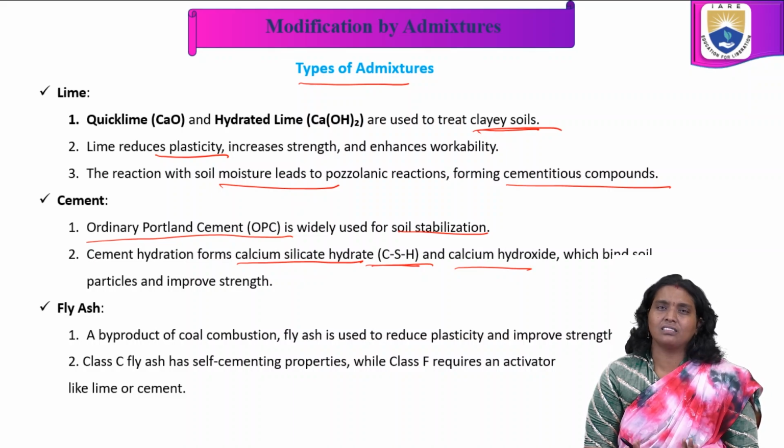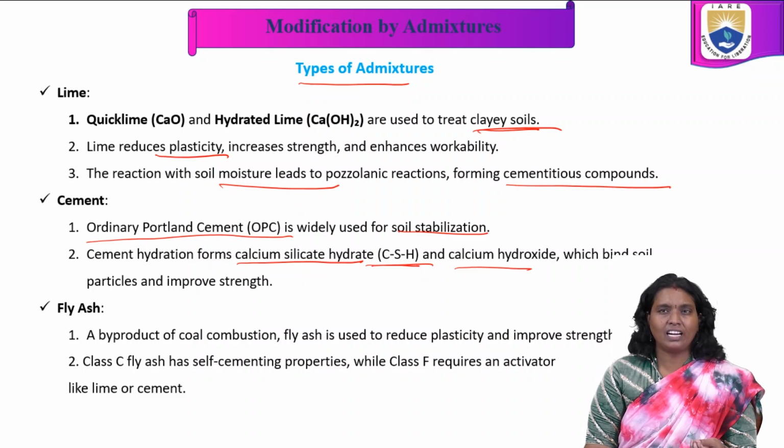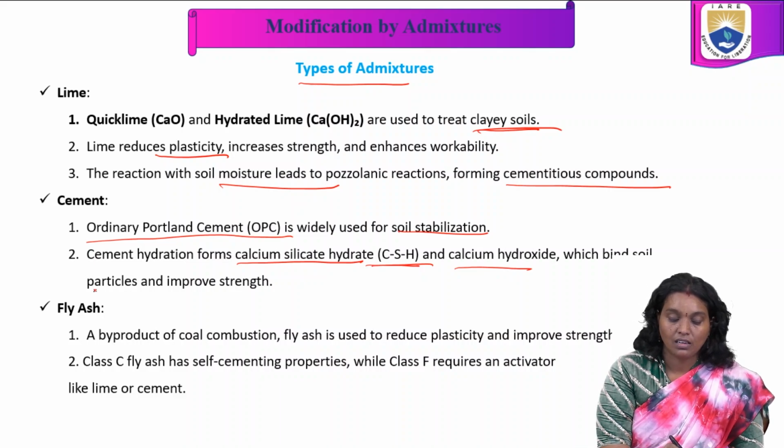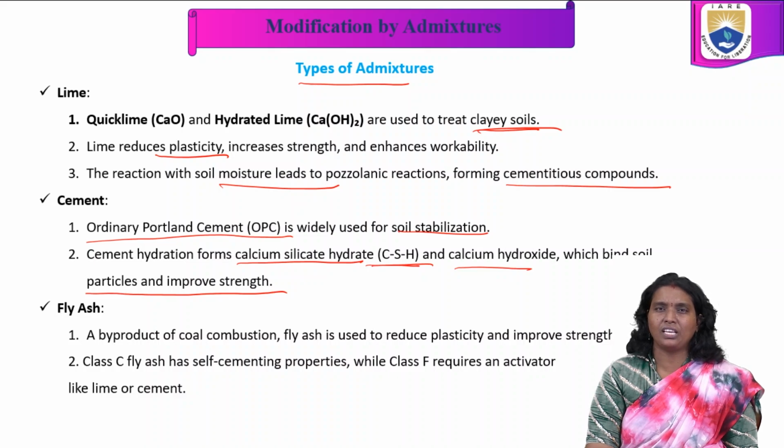So whenever a region has unbound soil particles, we add this kind of OPC. The CSH gel and calcium hydroxide bind the soil particles, and it also leads to improved strength of the soil.